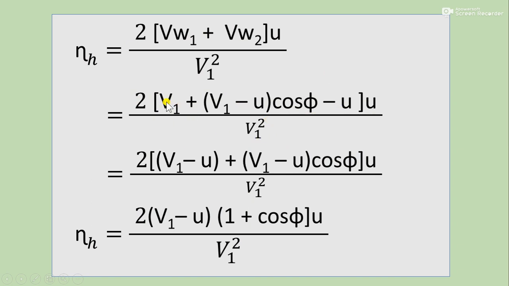Now this V1 and this minus U taken together, next step, this V1 minus U and this V1 minus U taking common. So we get hydraulic efficiency equal to 2 × (V1 minus U) × (1 plus cos phi) × U divided by V1 square.